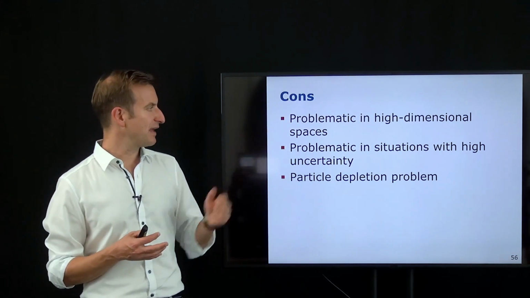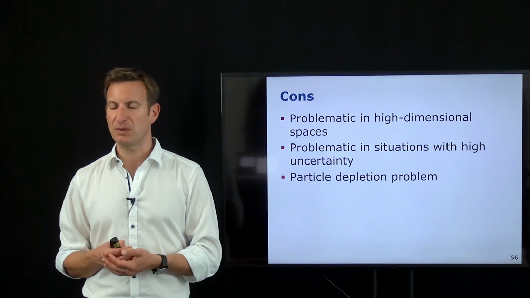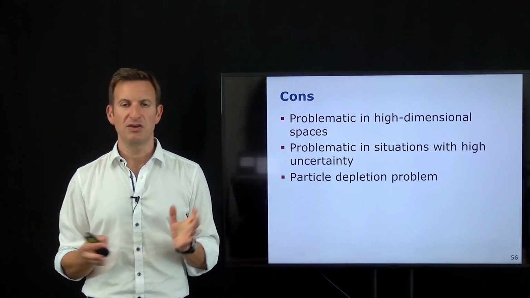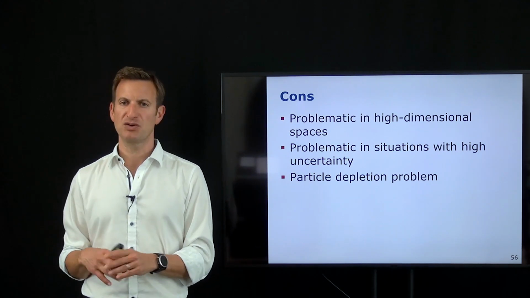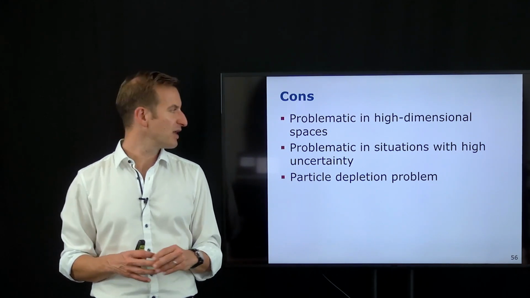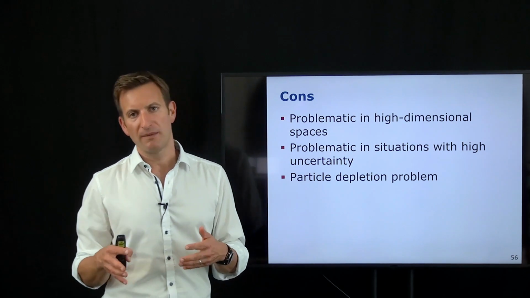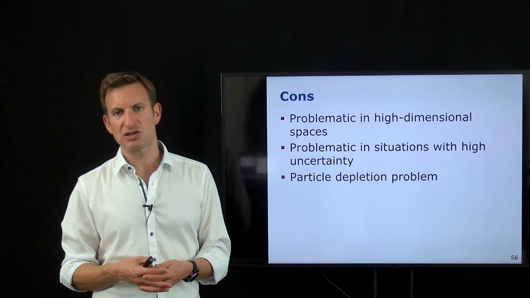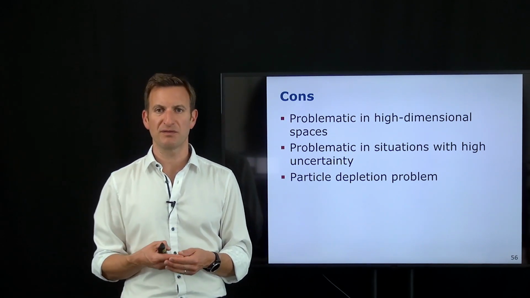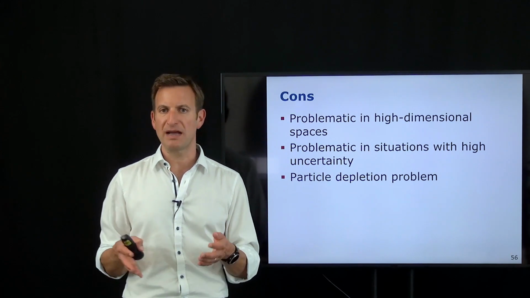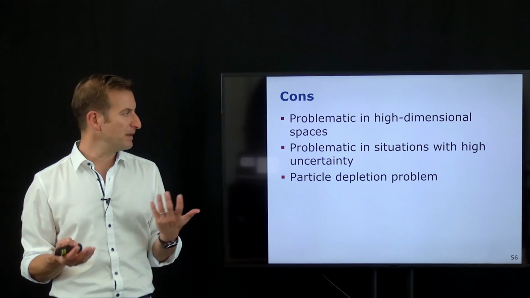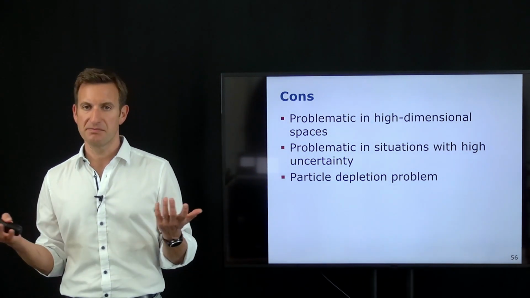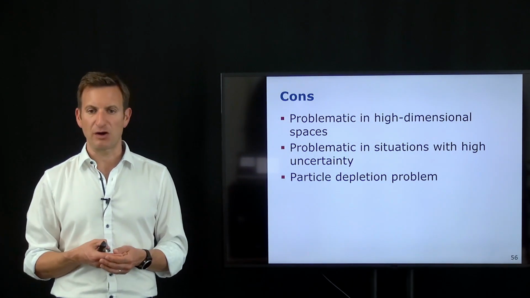And actually, the number of samples that you need grows exponentially with the dimensionality of your state space. So in 2 dimensions, no problem at all. 3-dimensional state spaces get already more tricky, but it's still fine. 4 may still be okay, but higher than 4, you need sufficient computational resources in order to estimate the position well, or you need to apply tricks to restrict the size of your particle cloud, so as not to be required to use millions or hundreds of thousands of particles.